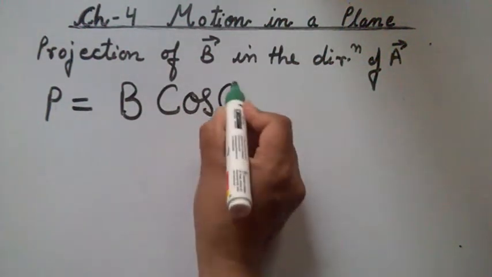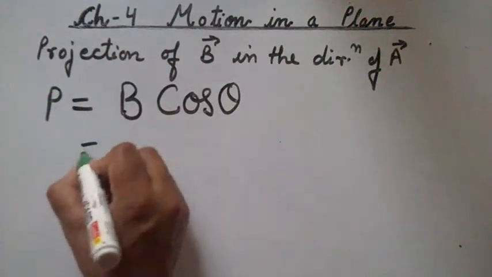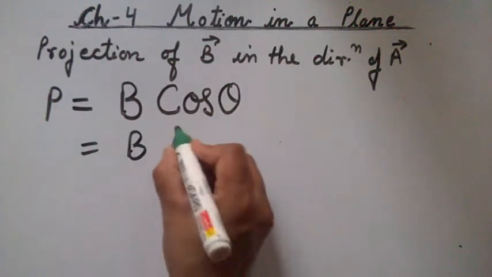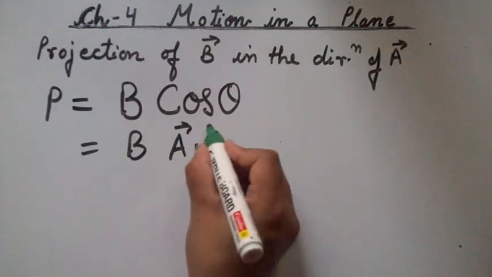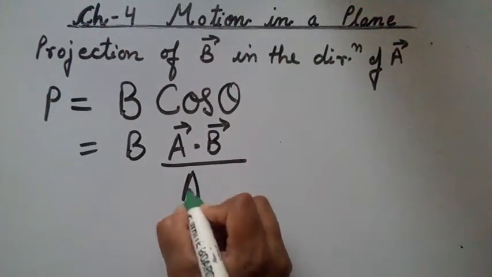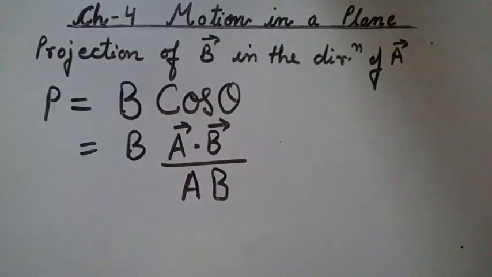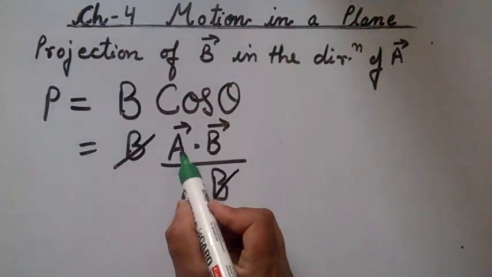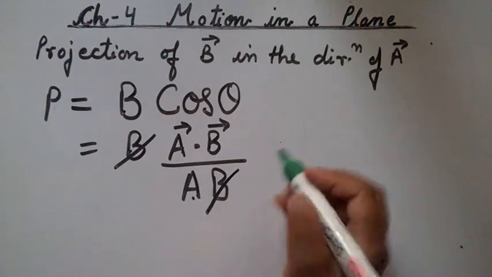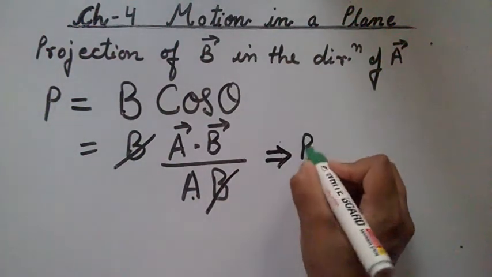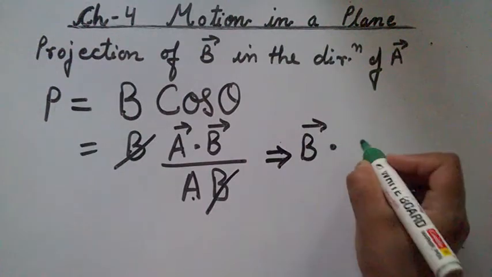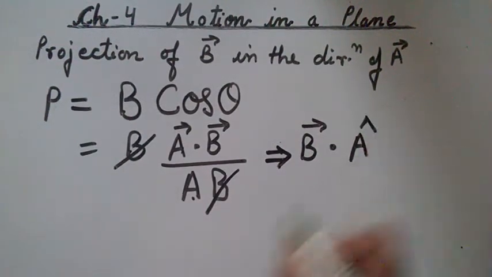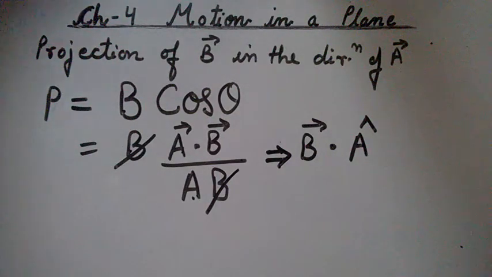Cos theta, we know, is given as A vector dot B vector upon magnitudes of both the vectors. B magnitude is cancelled by B, and we remain with A vector upon its magnitude. So it can be written as B vector dot A cap. So this is all about projection of vectors.